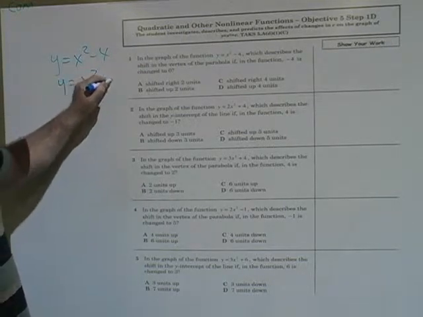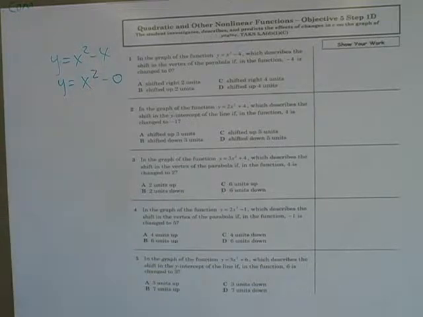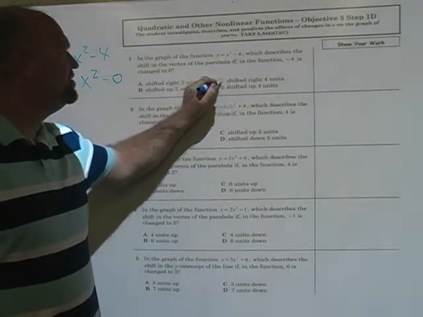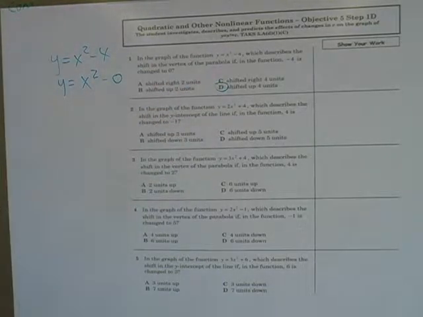So if you want, go ahead and put the -0 there. It won't make any difference. So when you graph those, you're going to get shift up 4 units. Okay? I'm going to go through these pretty quickly, so stop the tape if you need to.